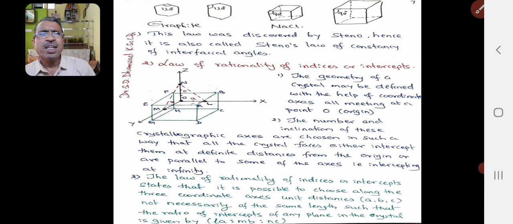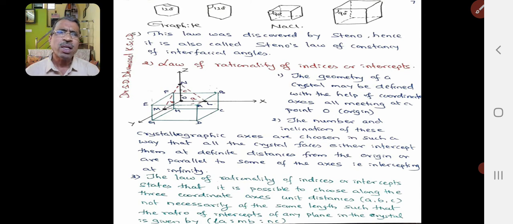So when I take graphite, whether the size of the graphite is small or big, the angle between the carbon atoms remains the same, that is 120 degrees. This is the law of constancy of interfacial angles.